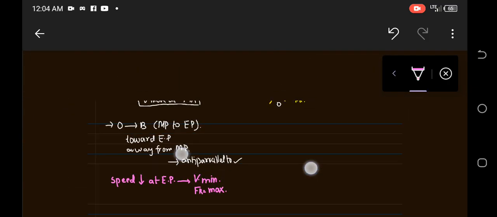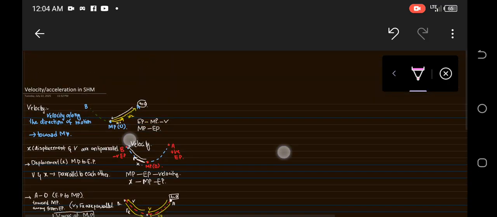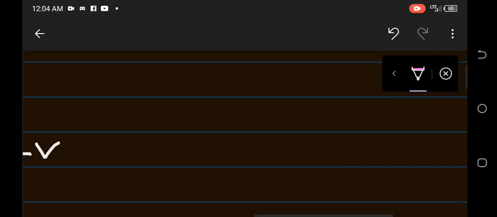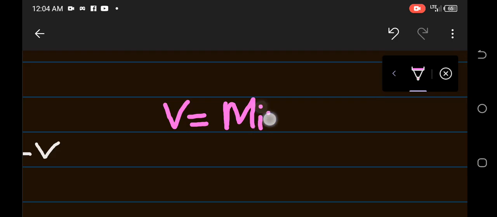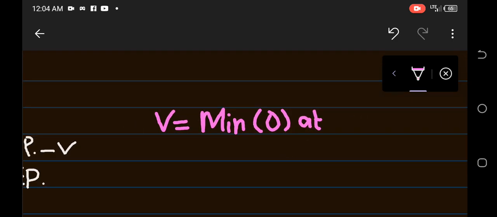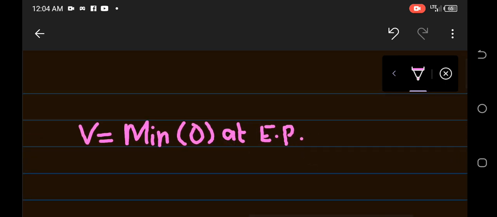So from here we can conclude that velocity is minimum, or we can say zero, at the extreme point. Why? Because speed is low at the extreme point.